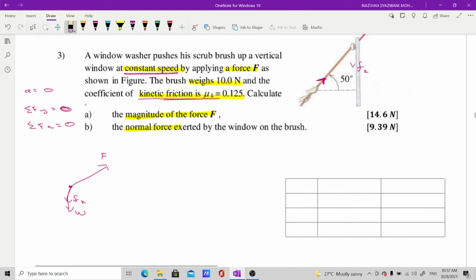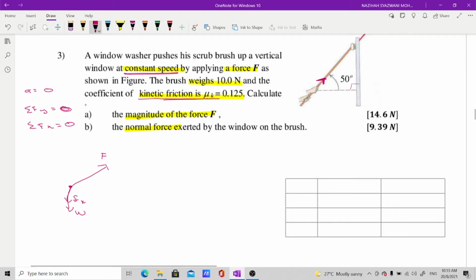I am going to erase the kinetic friction because I want you to see the triangle. Since this is 50 degree, and this is 90 degree, what will be the angle here? This one would be 90 minus 50, which is 40 degree.